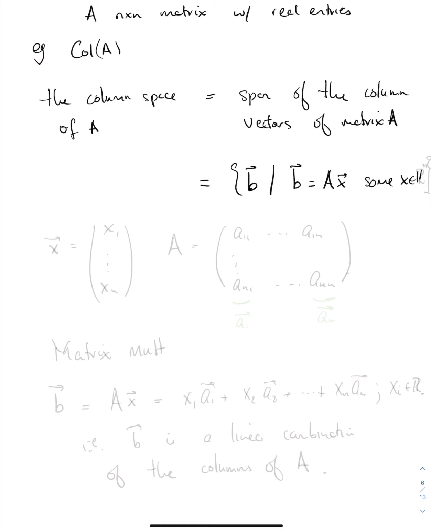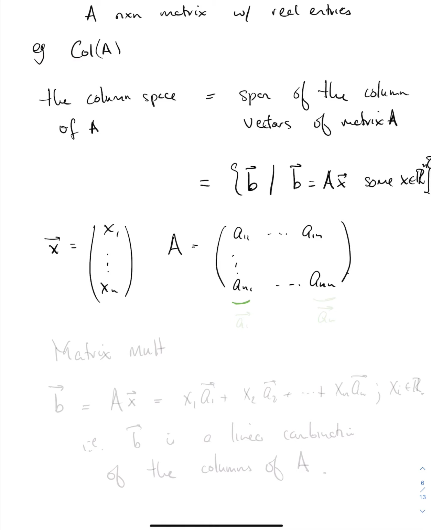x in R^n. This might be a little bit hard to parse, like why are these equivalent, especially this last statement. So let's just walk through this a little bit. The vector x is x1 through xn. A is a matrix, a11 through a1n, down to an1 through ann.